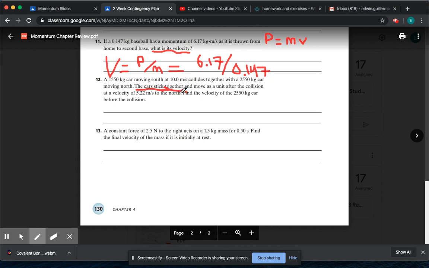The cars stick together and move as a unit. So remember, if momentum is conserved, that means the initial momentum, I'm going to use INIT for initial because I don't have that much space, has to equal the final momentum, okay?